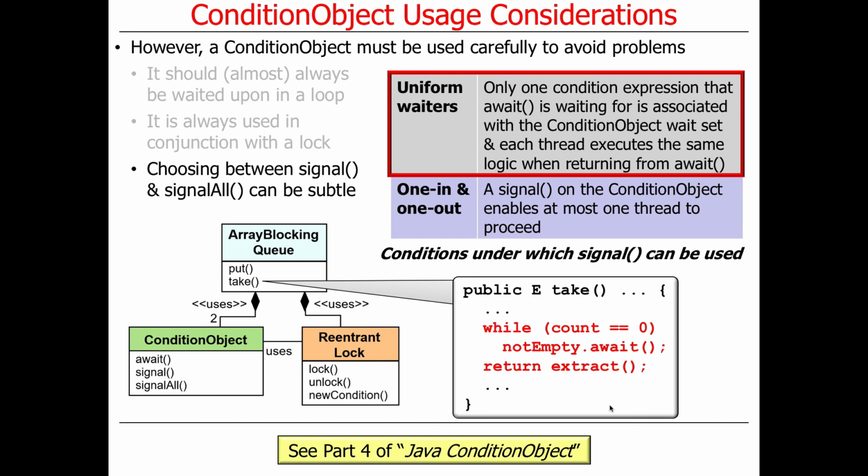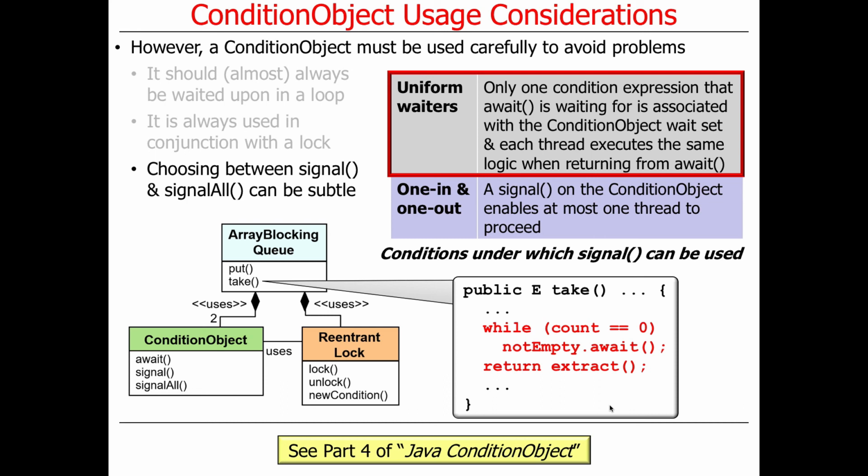The first condition that must hold if you want to use signal rather than signal all is you need to have so-called uniform waiters. What the heck is a uniform waiter? Does it mean that they wear a uniform? No, it means that you are going to have each thread execute the same logic when it returns from await for that condition.